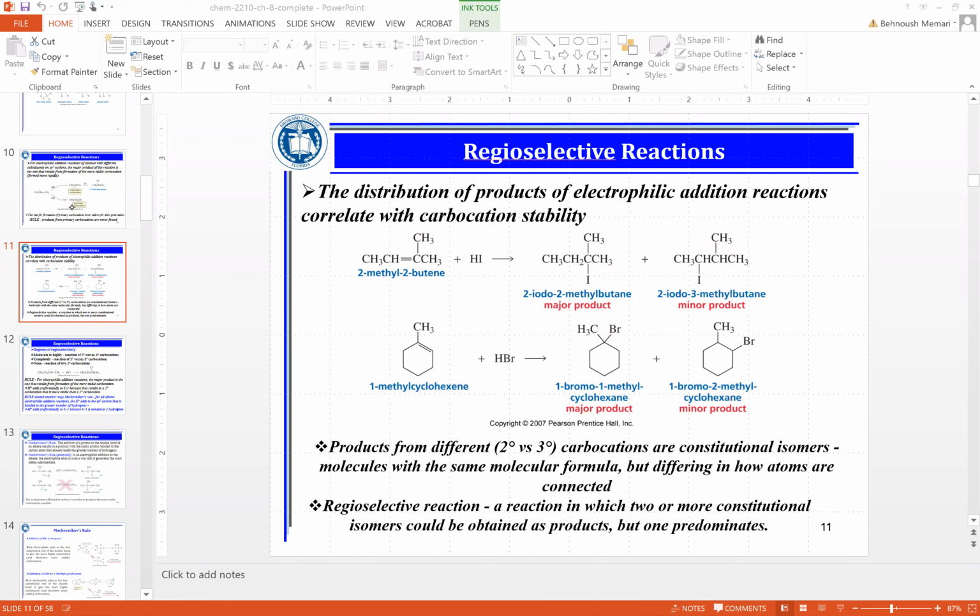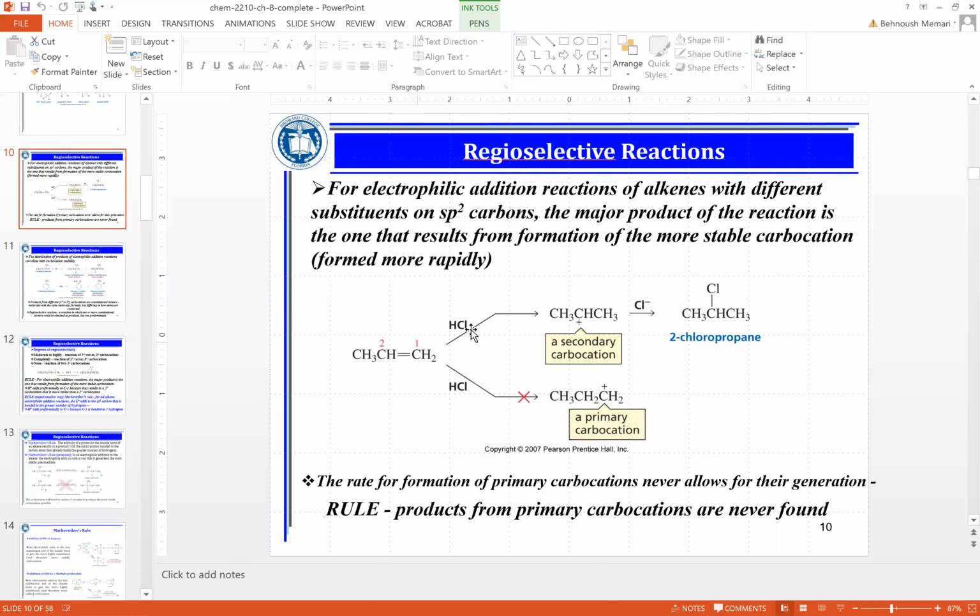Do you have any questions about addition of HCl to an asymmetrical alkene? When HCl is being added, you have addition of H first, and then the carbocation forms.